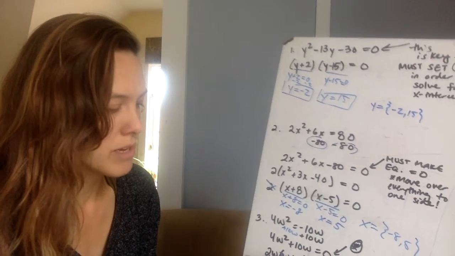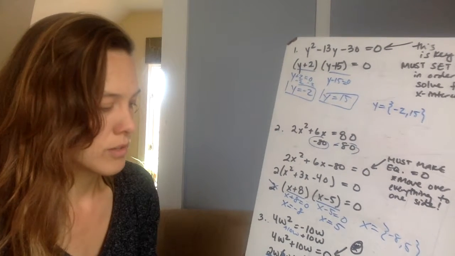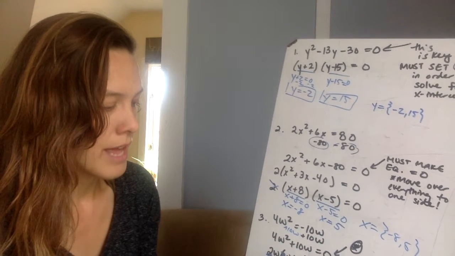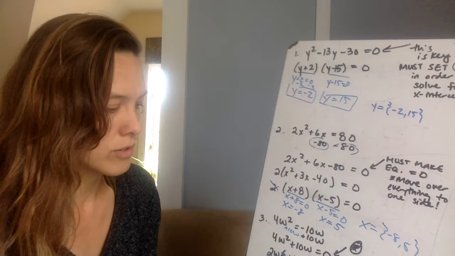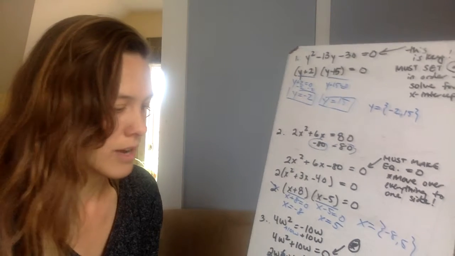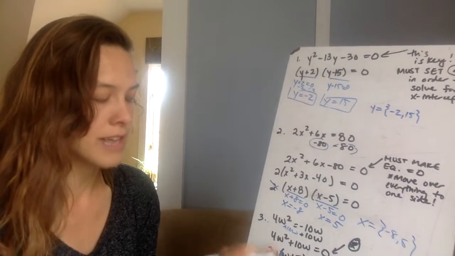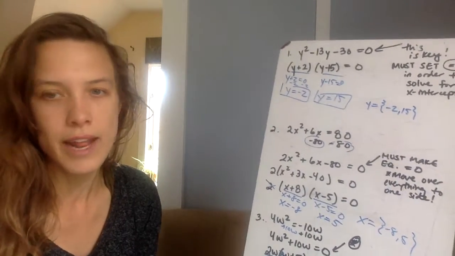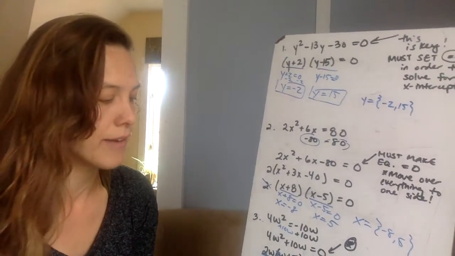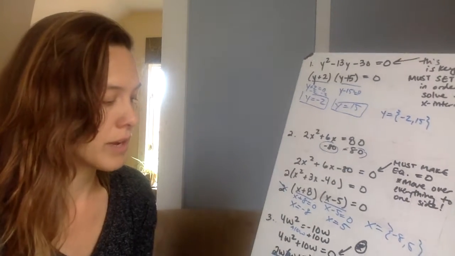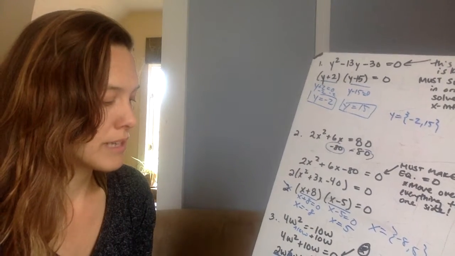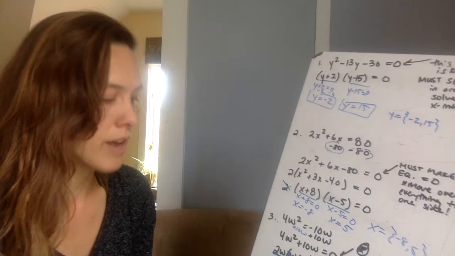This monomial equal to 0, so 2w equals 0, and this binomial equal to 0, 2w plus 5 equals 0. I have to do this one as well because I have a variable associated with that. I can't just forget about that constant out in front like I did in the last one. So divide both of these by 2, so w can equal 0 here.